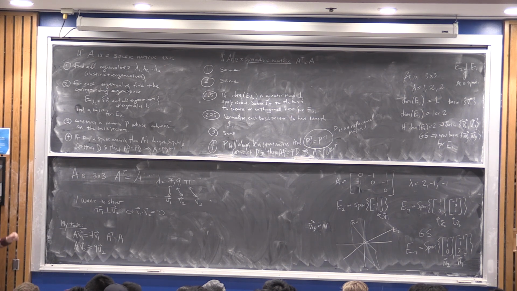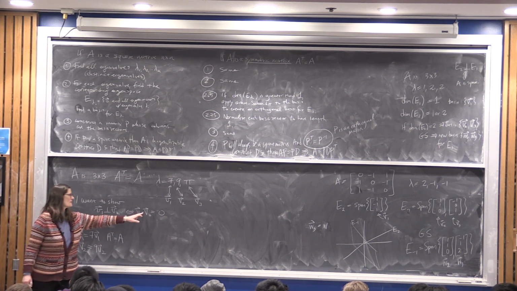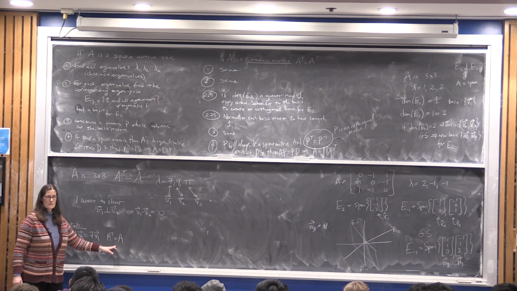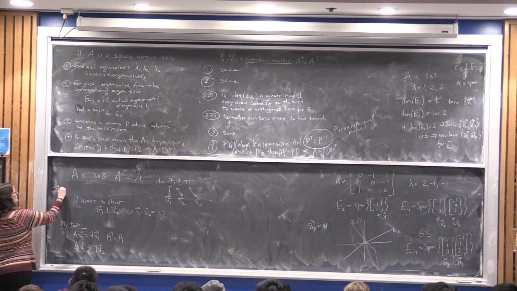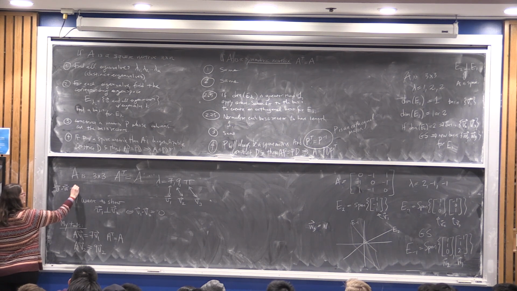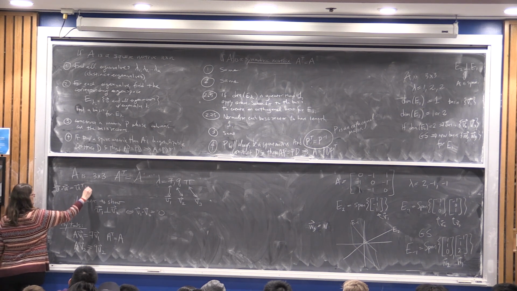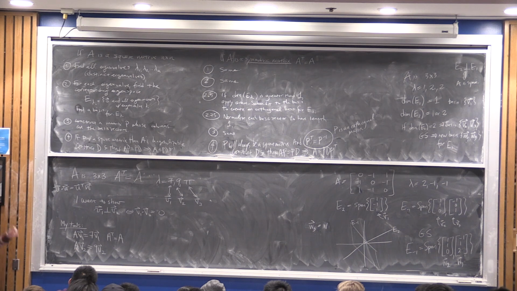There are two things that I need in order to get anywhere. First is I need some way of relating dot products to transposes. And that we already know. We know that U dot W is equal to U transpose times W. That we know.